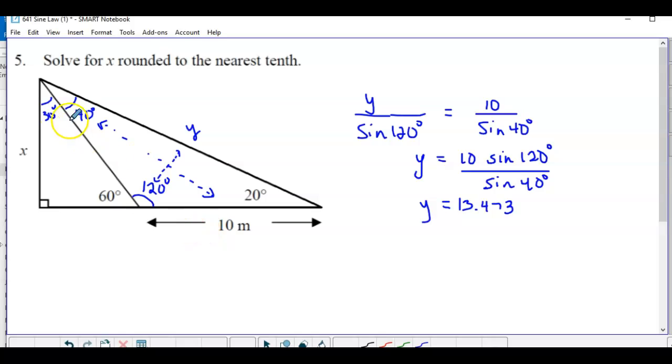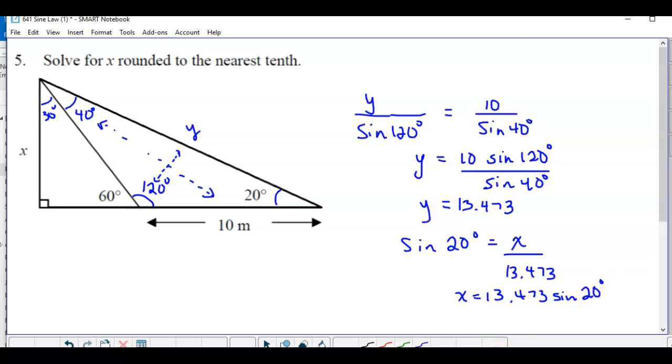Now, you have a choice. If I use this complete angle, that's 70, or you might want to use 20. 20 is already given to you. Then you don't even have to add 30 and 40. So in this case, we would use sine of 20 equals x over our y value, 13.473. So x is that value times sine 20.